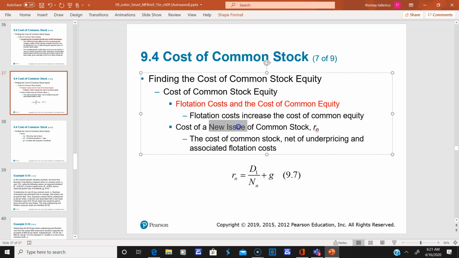It's a new issue of common stock, and again, it's net of underwriting pricing and associated flotation costs. So here's the equation with the assumed growth of the dividend, and this is what the cost is for the new shares.